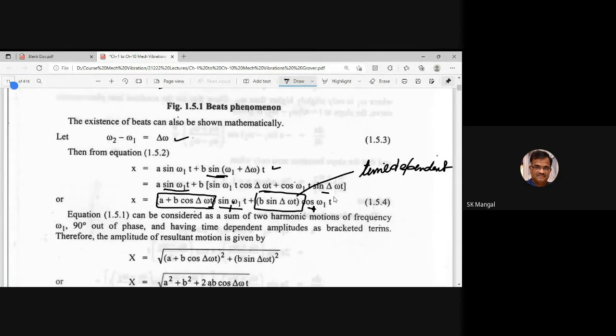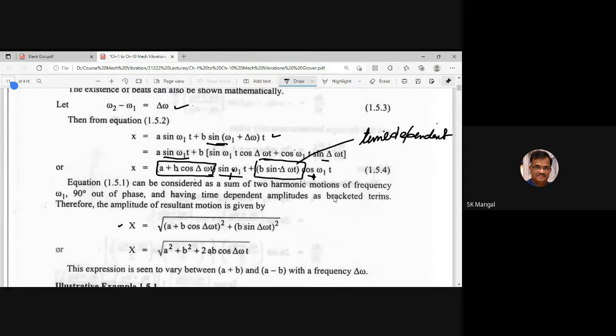So the resultant amplitude of the motion can be given by the square root of the square of this plus the square of this. When you solve this equation, you get A square plus 2AB cos delta omega t plus B square.